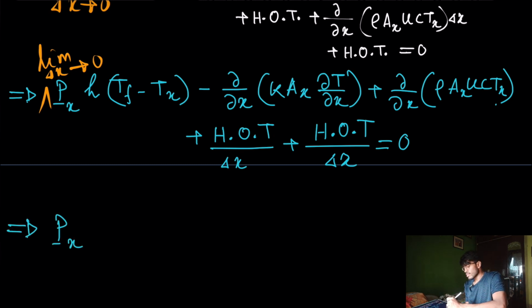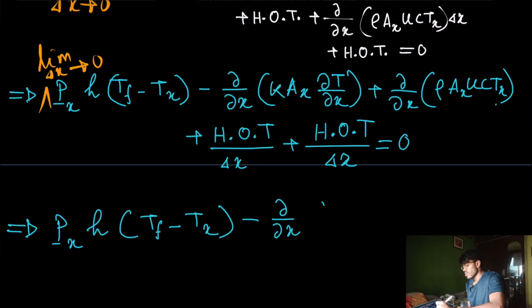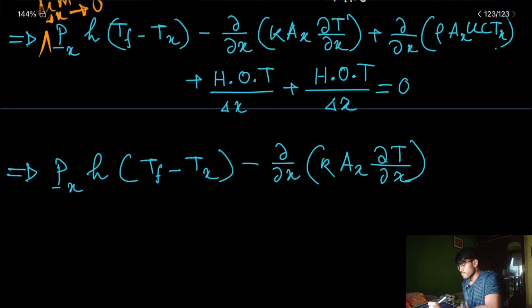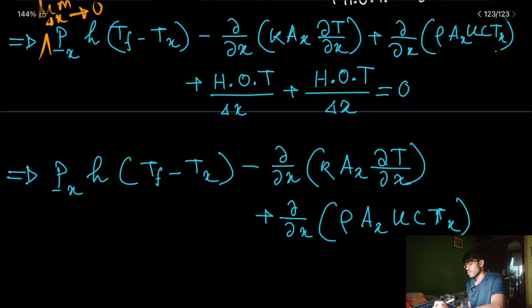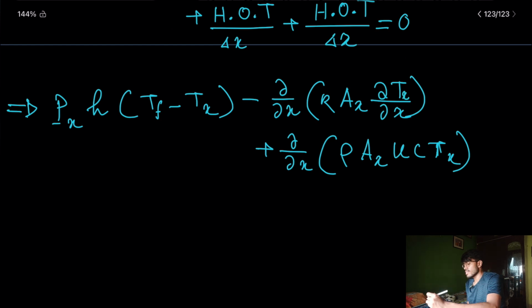So then at that limit this becomes this one. Del x rho ax u c dx, and this is actually T subscript x is equal to 0.